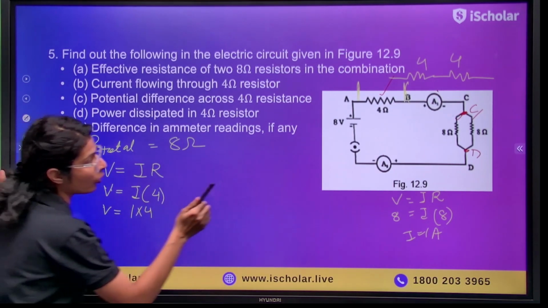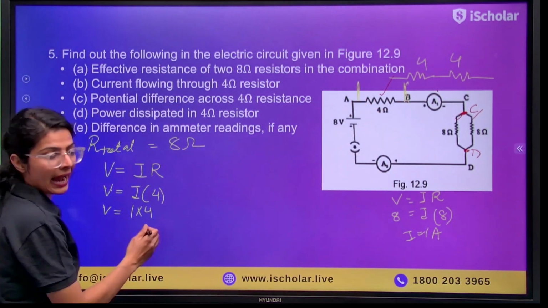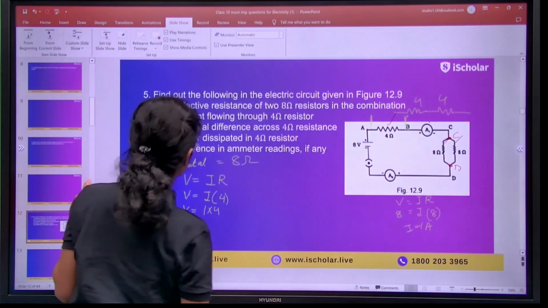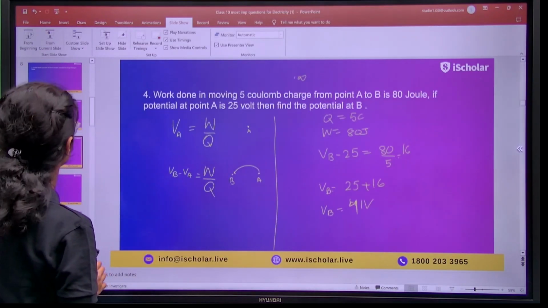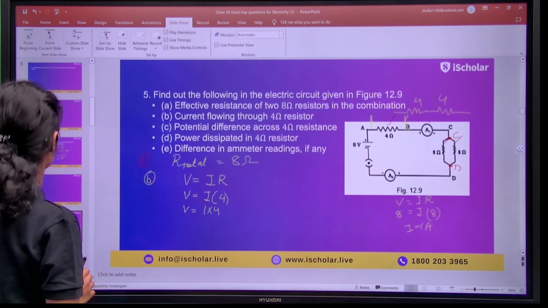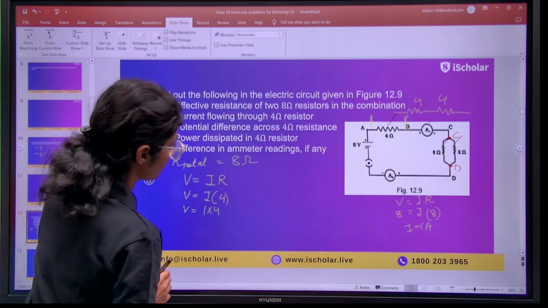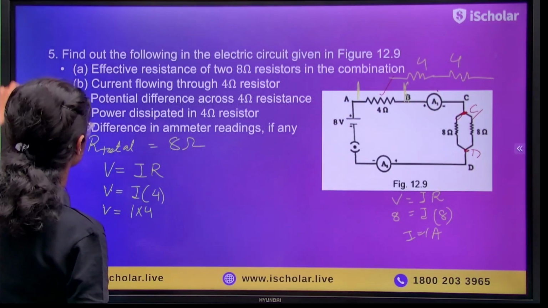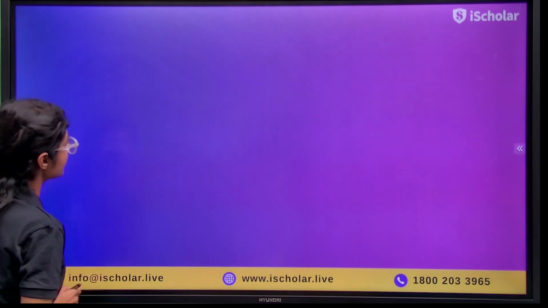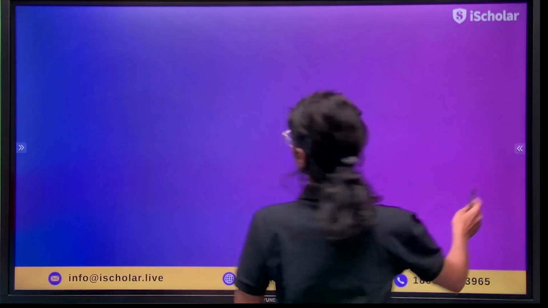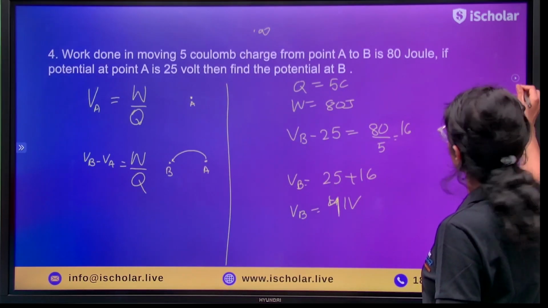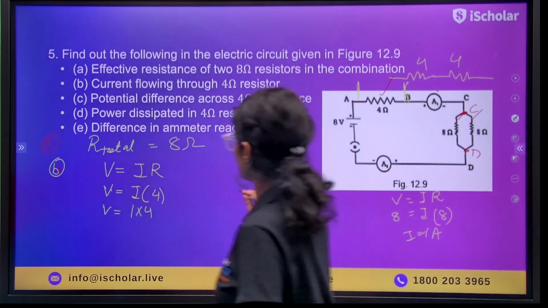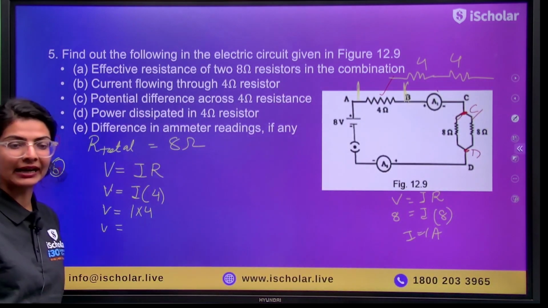So the voltage across this part will be given as voltage, and the value of voltage is as simple as that.